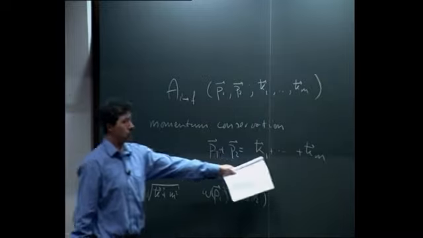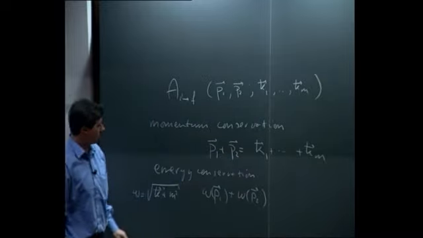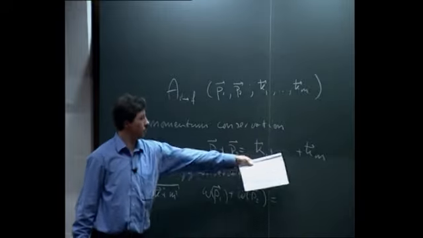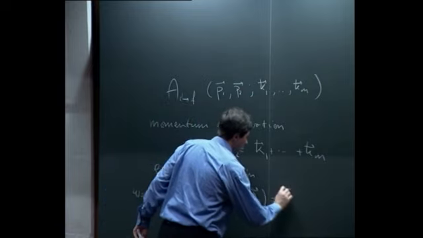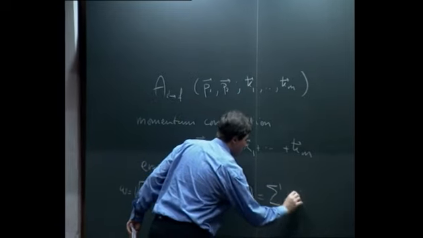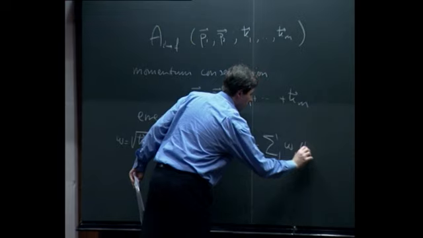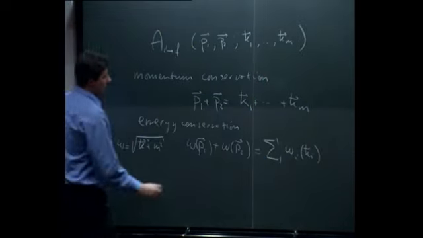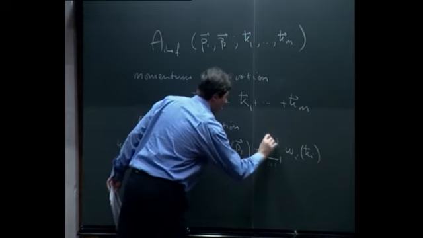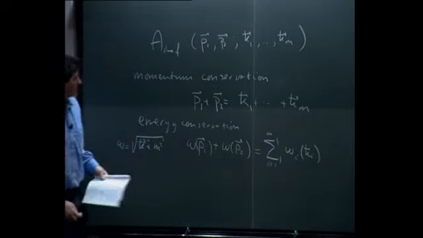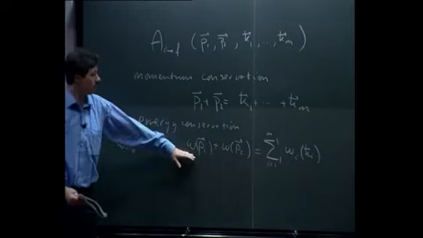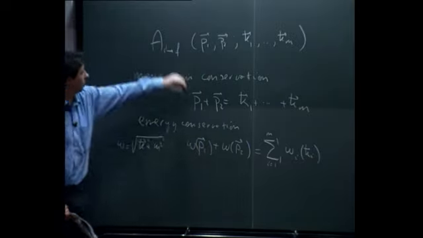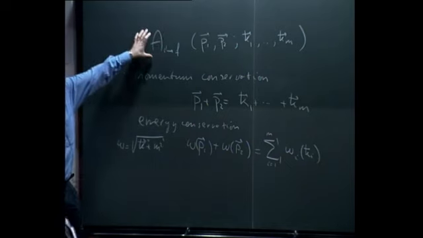But then we can produce lots of other particles with other masses, and they must satisfy the equation that the sum of the energies, which are functions omega_i of the momentum k_i, must be equal. And this is just the fact that energy is conserved. If these conditions are not satisfied, this amplitude will vanish.